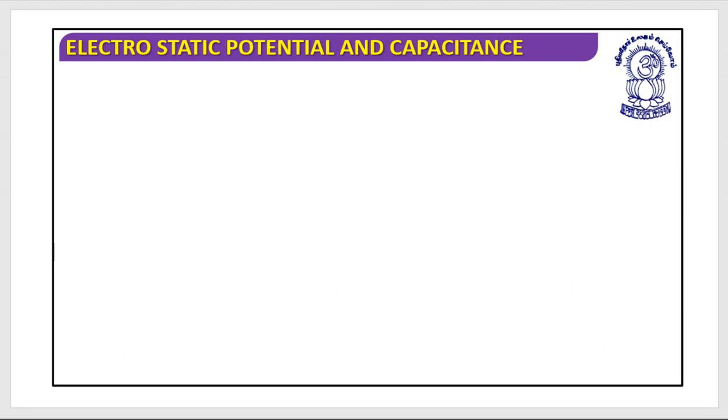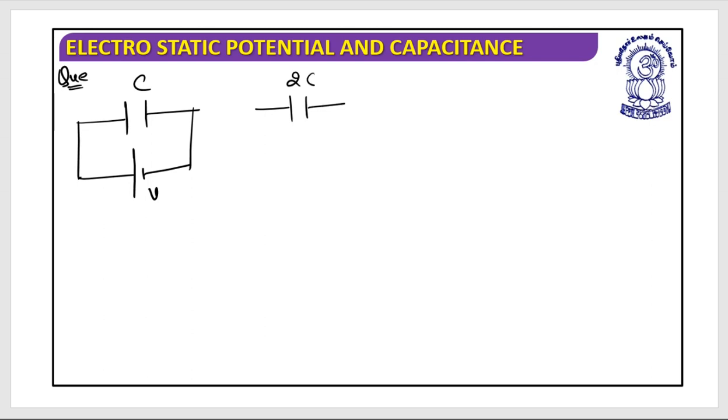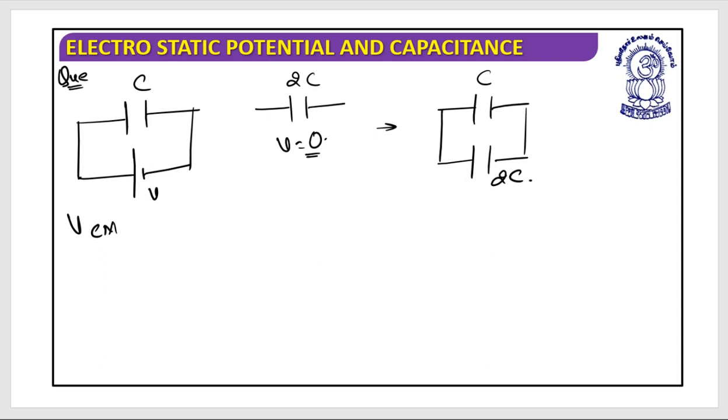Let's try to find it out. What they have given is that this was the capacitance C, connected with V. This other capacitance is 2C, and its potential is 0. Now they have been connected, C and 2C. We have already calculated the VCM, it's V by 3.